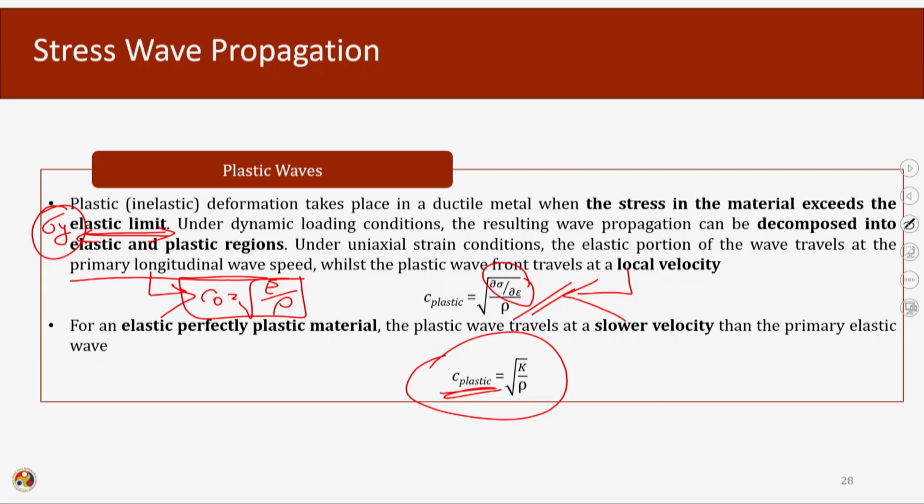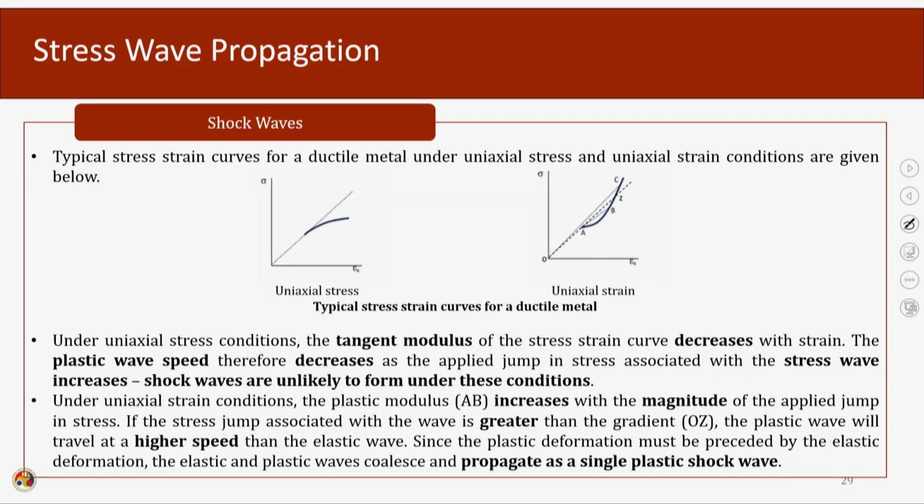Moving ahead, shock waves. Here is a typical stress strain curve for a ductile material under uniaxial stress and uniaxial strain conditions. This is the uniaxial stress and this is the uniaxial strain. Under uniaxial stress conditions, the tangent modulus of the stress strain curve decreases with strain.